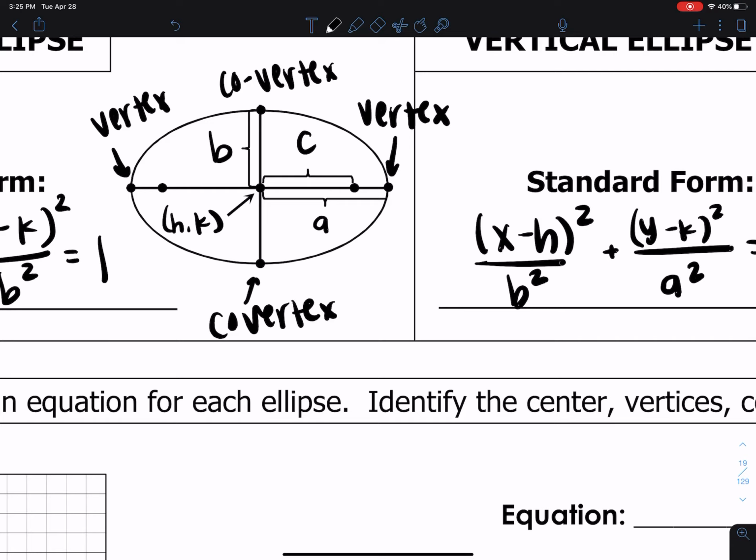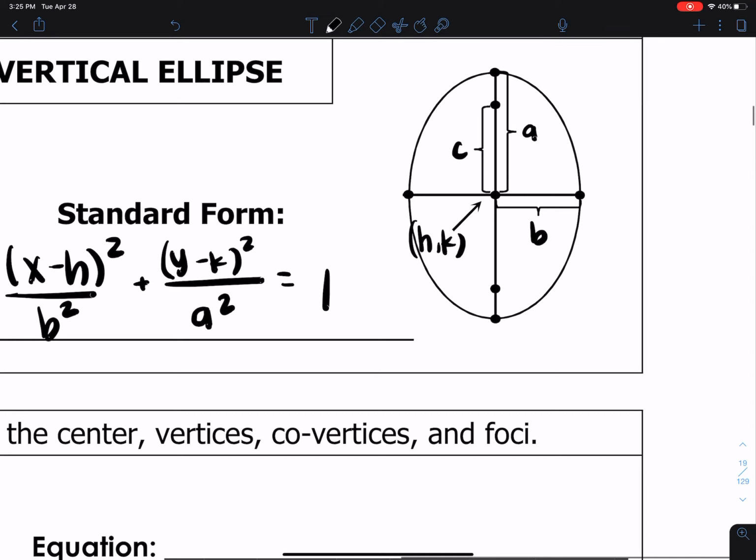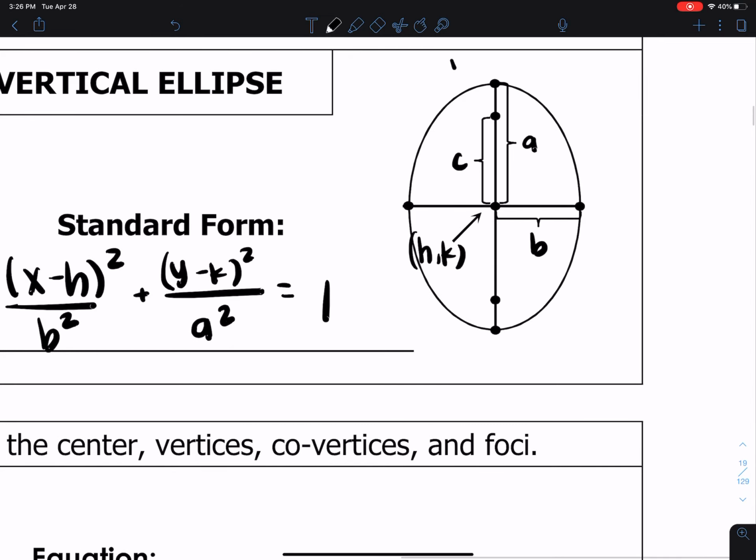So on your quiz, I ask you to write down the coordinates of the vertices and then the covertices, so you have to know which one is which. The vertices, or the single one, vertex, that's with the major axis. Covertices go with the minor axis. And then here, the top and bottom, this is a vertex and this is a vertex. And then the left and right, these are covertices.